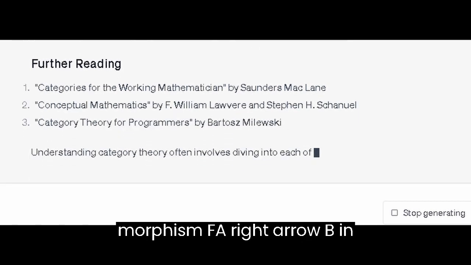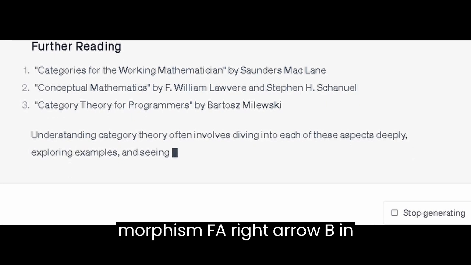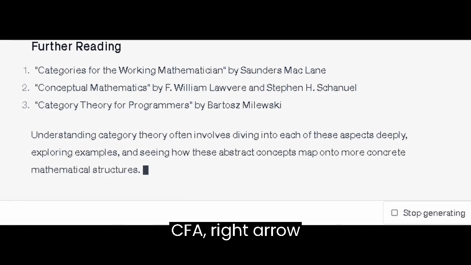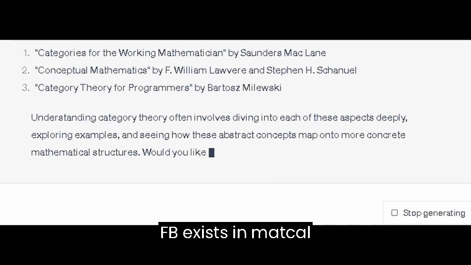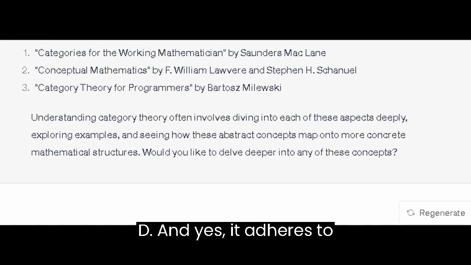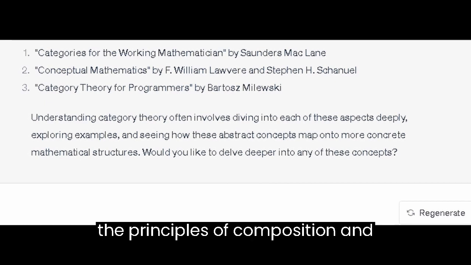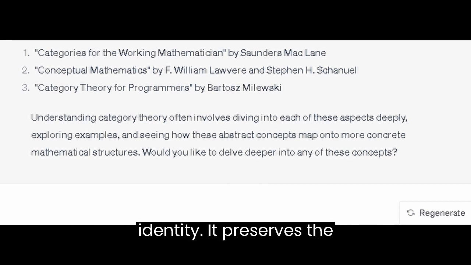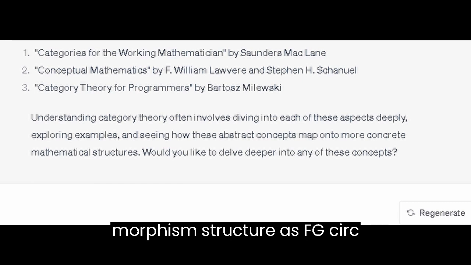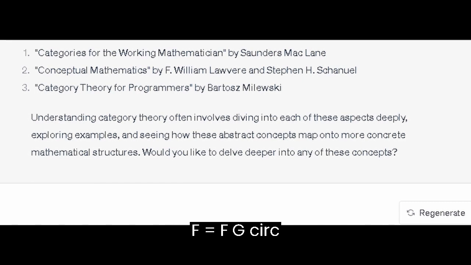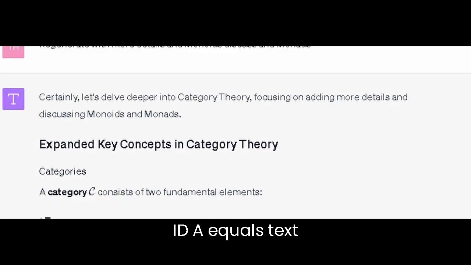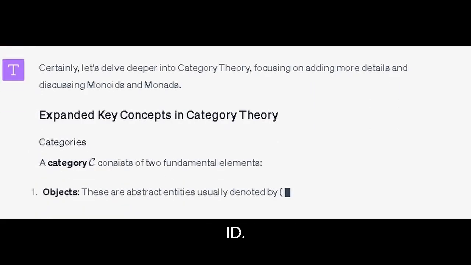For each morphism f: A → B in \mathcal{C}, F(f): F(A) → F(B) exists in \mathcal{D}. And yes, it adheres to the principles of composition and identity. It preserves the morphism structure as F(g ∘ f) equals F(g) ∘ F(f), and F(\text{id}_A) equals \text{id}_{F(A)}.